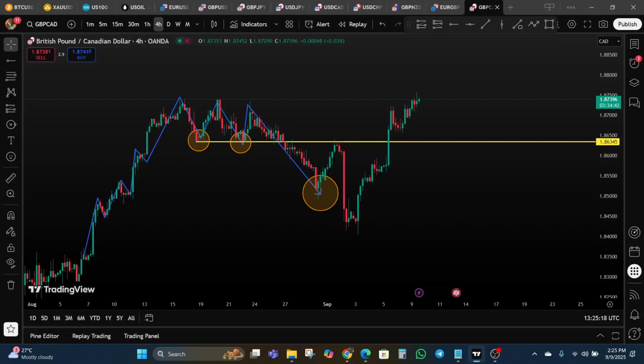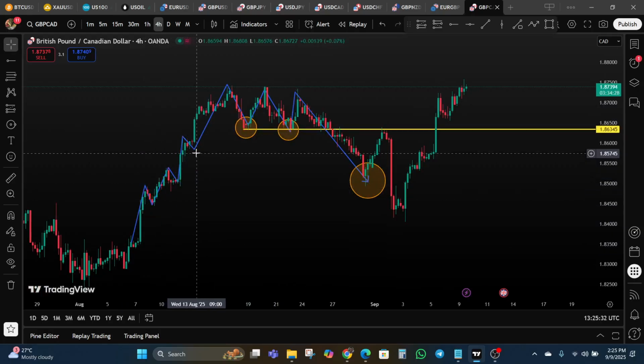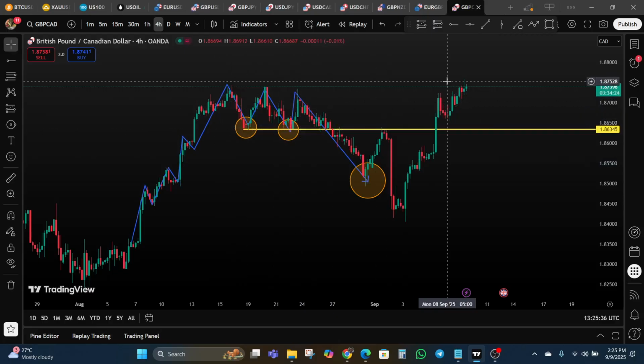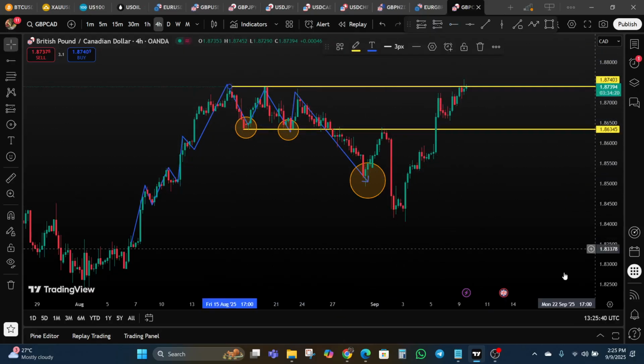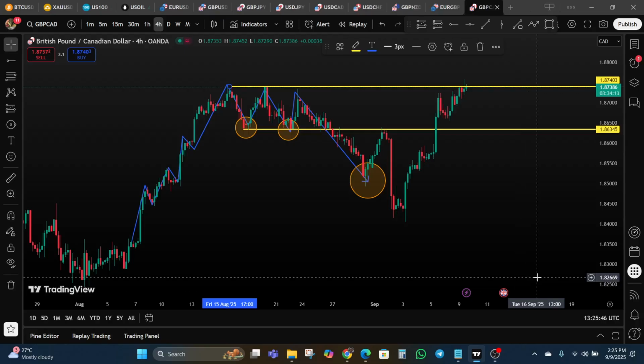Okay, so now to spot CHoCH on your charts, you have to start by identifying the current market structure, which are highs and lows, swing points, and support and resistance zones. You need to identify these levels on your chart because they are very, very important.